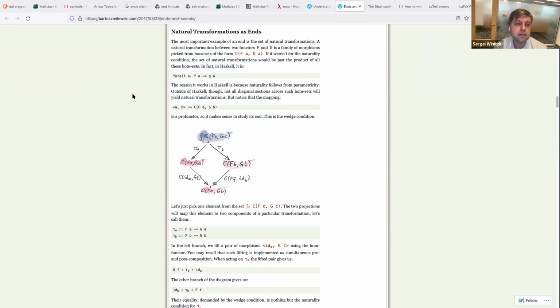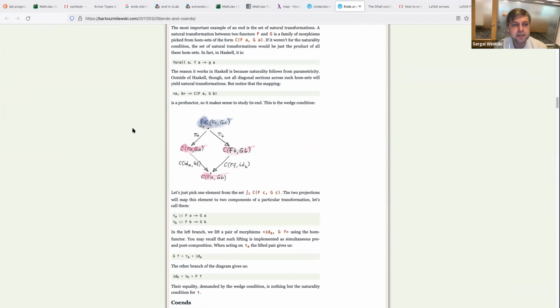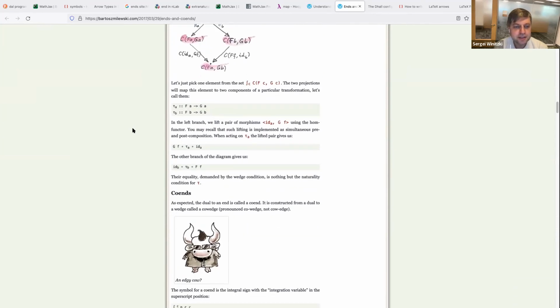So then you have to check, but I'm curious what happens with coends. Does it also just magically work in Haskell because of some stuff, or do we have to squint harder?